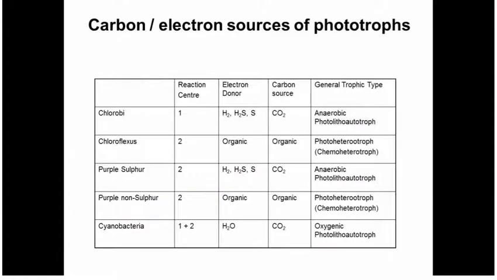Okay, so the summary for phototrophs is, you have to think about what is the source of electrons, what is the basic type of metabolism of these different phototrophic bacteria. So chlorobi, green sulfur bacteria.